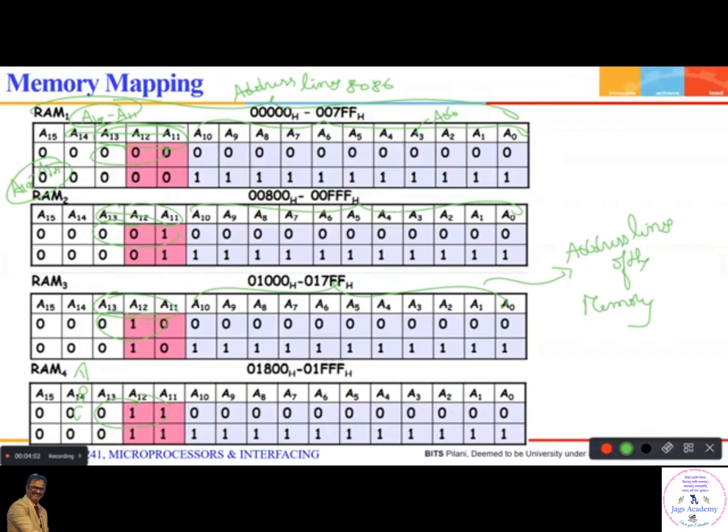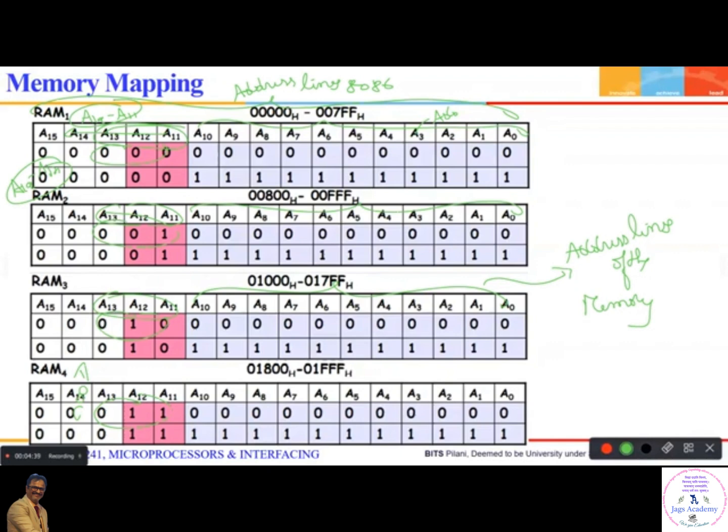You have easily found out that A11, A12, A13 is 000 for RAM 1, 001 for RAM 2, 010 for RAM 3, 011 for RAM 4. So you got all the inputs now, and the remaining lines, A14 to A19, are all zeros, combined with some gates and given as a chip select enable for the decoder. So this table gives you lots of information for decoder logic.